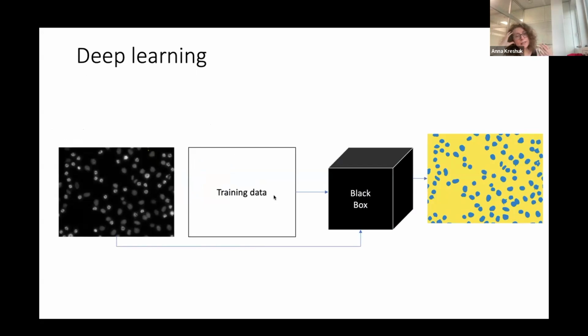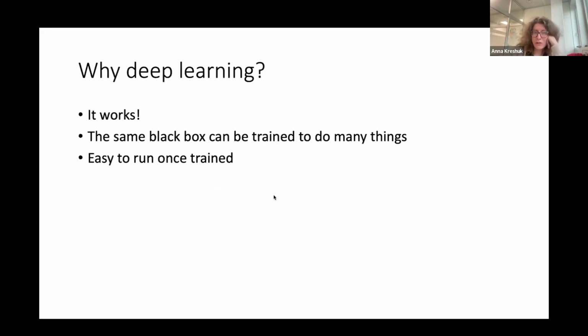And because it has to learn much more, it also needs a lot more training data. And in the case of segmentation algorithms, which is the main problem that my group wants to solve, you also need to provide this training data very densely. So you have to really give it fully annotated images with labels. And this is a lot of work, but it's kind of worth it.